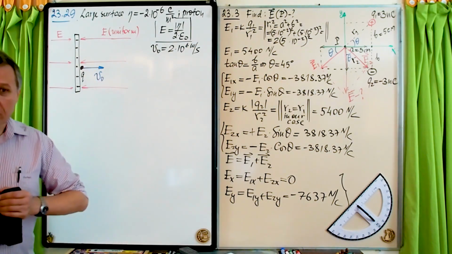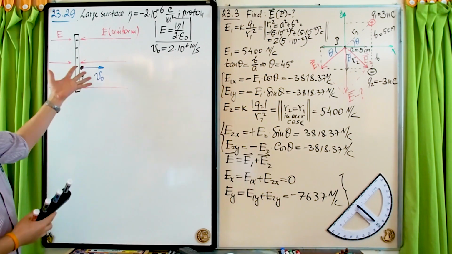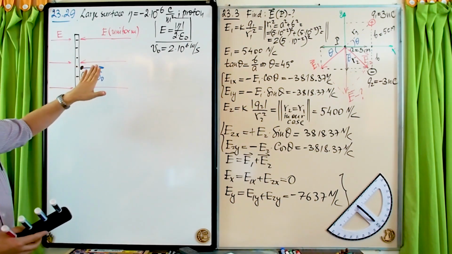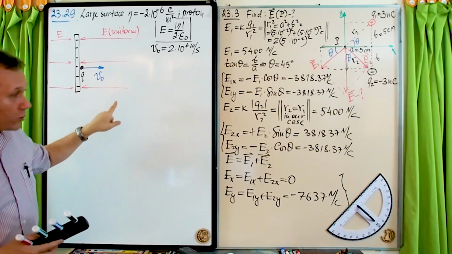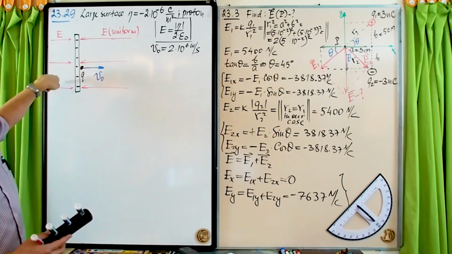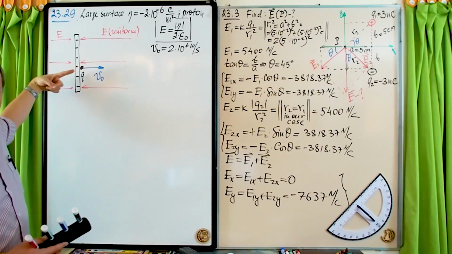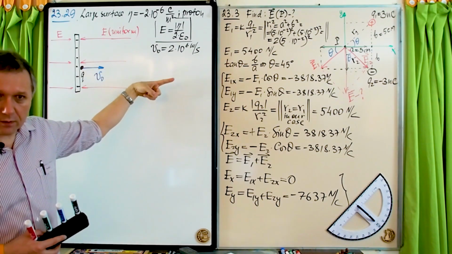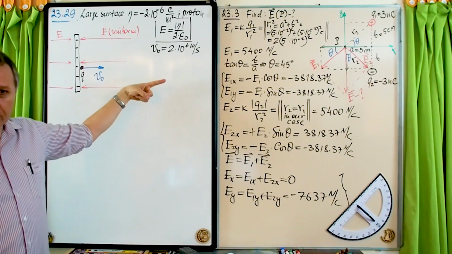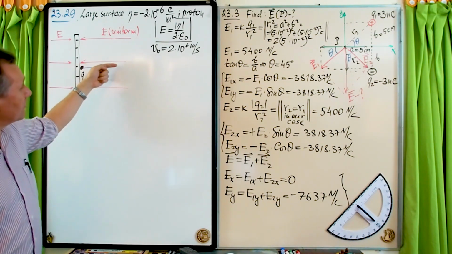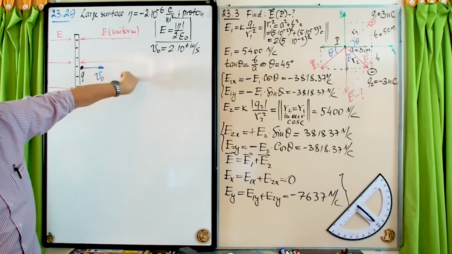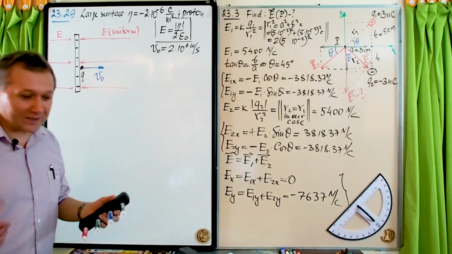And so let's first discuss conceptually what is going to happen to this proton. Of course, it is attracted to the negatively charged surface, so the force will be that way. If you shoot it that way, it will travel that way, decelerating, because the force is in the opposite direction. So it will travel for some distance, then stop for a moment, turn around, and start moving back to the negatively charged surface.